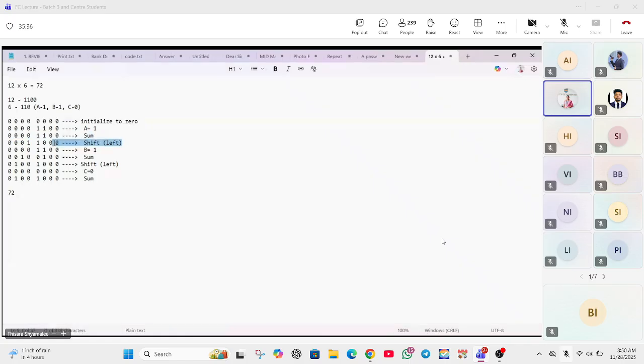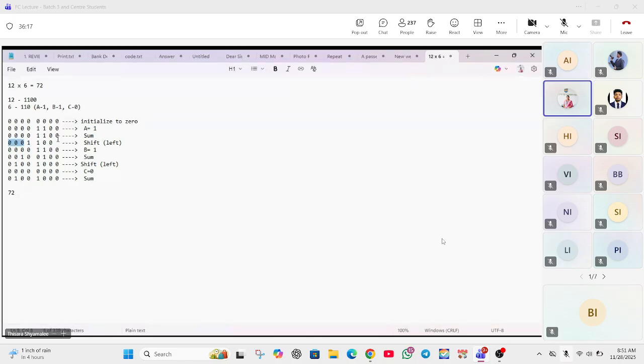Then you need to apply the left shifting. Left shifting means, I will show you, this is the summation. When you apply the left shifting, this 0 comes to this place, then this 0 comes to this place, then this 1 comes to this place, then this 1 comes to this place, and the other zeros are placed here.